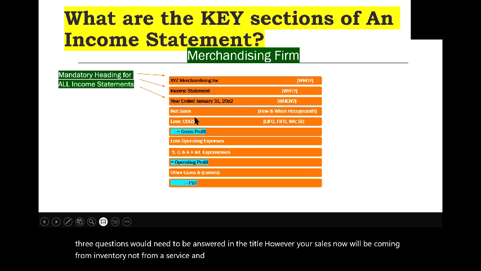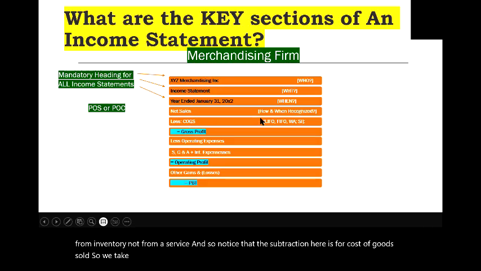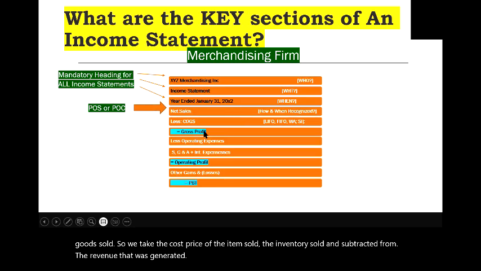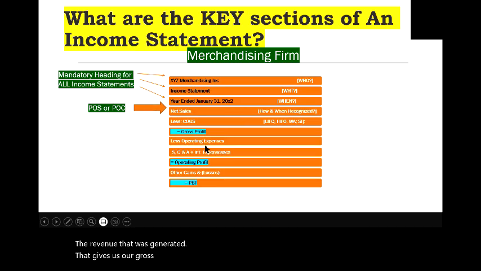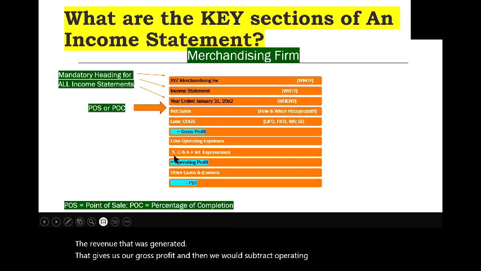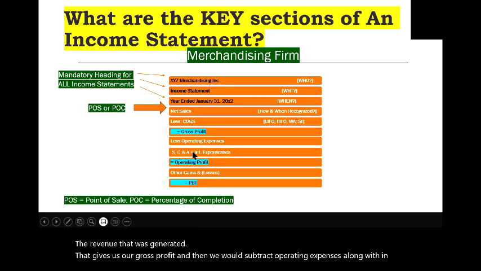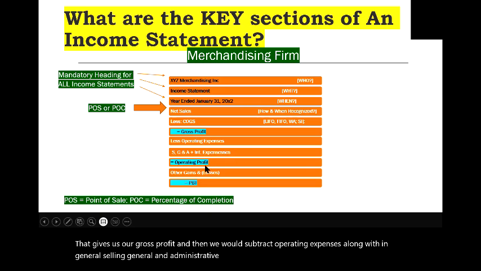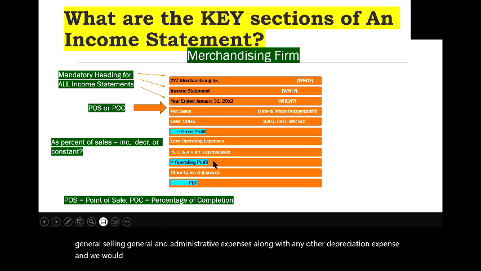And so notice that the subtraction here is for cost of goods sold. So we take the cost price of the item sold, the inventory sold, and subtract it from the revenue that was generated. That gives us our gross profit. And then we would subtract operating expenses, along with, in general, selling, general and administrative expenses, along with any other depreciation expense, and we would have our operating profit.